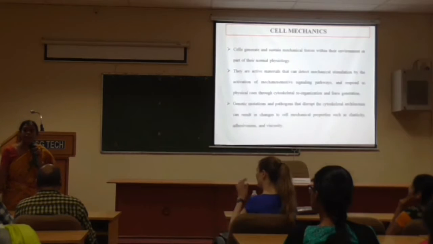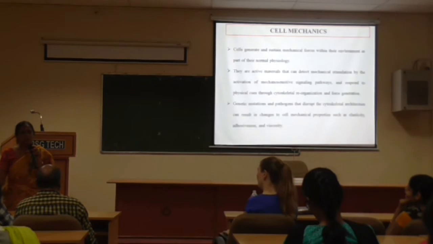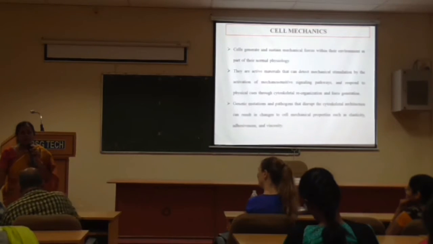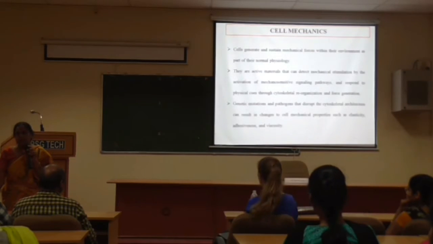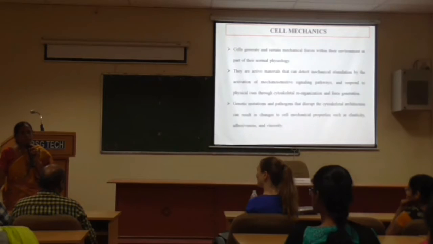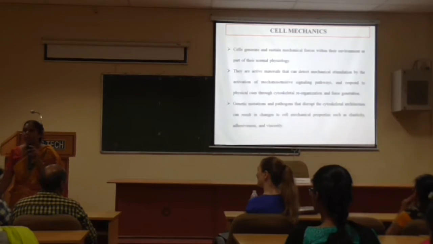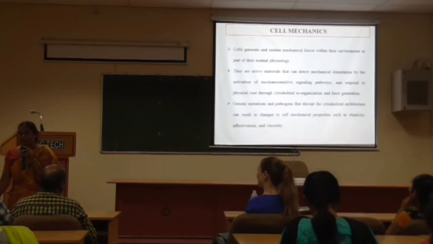If there is any abnormality in this process, for example genetic mutation or pathogen infection, it causes a change in the reorganization of cellular materials, thereby causing disease. So our objective is to look into how to quantify these cellular properties in normal physiological processes, for which you have studied various techniques for the past 4 or 5 days, and how this can be correlated with abnormal conditions like pathogenic conditions.